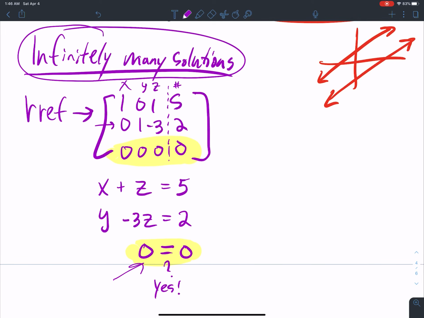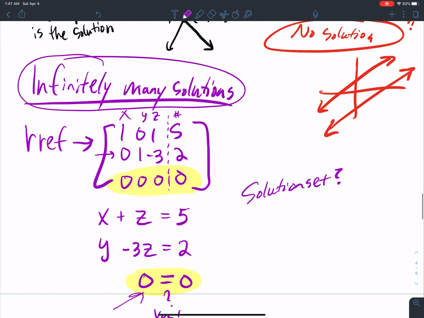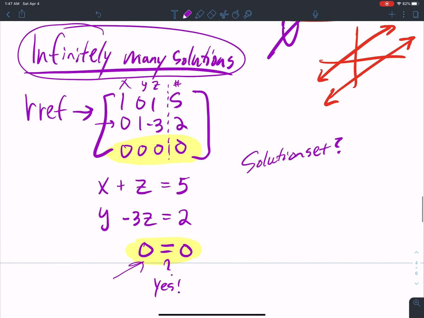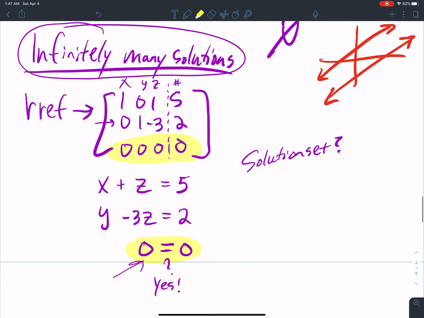Now, how do we write the solution set? Okay, how do you write the solution set? Because it's not just a single point like this one, which is just a single point, 3 comma negative 2. It's not no solution. We can't just put the empty set, right? So how do we do it when there's infinitely many? Well, I look at this here and I say, okay, what do I have that's in both equations?